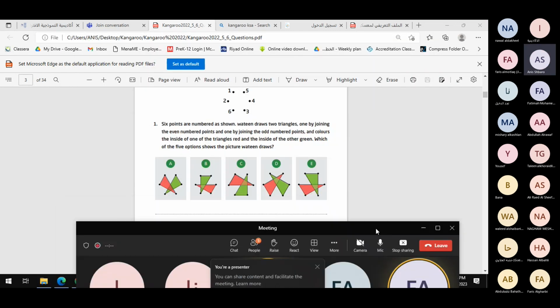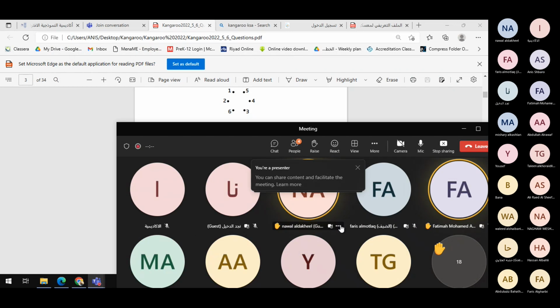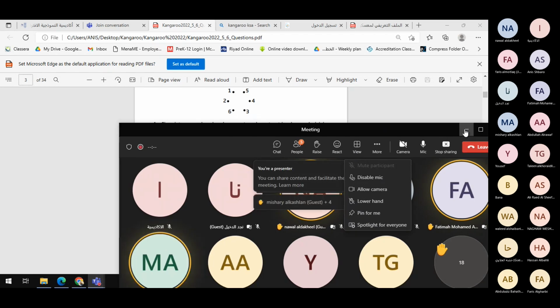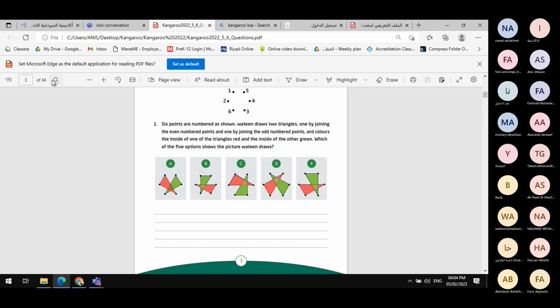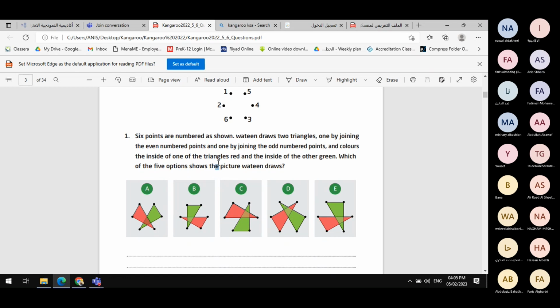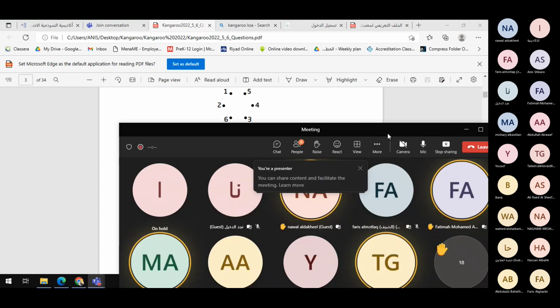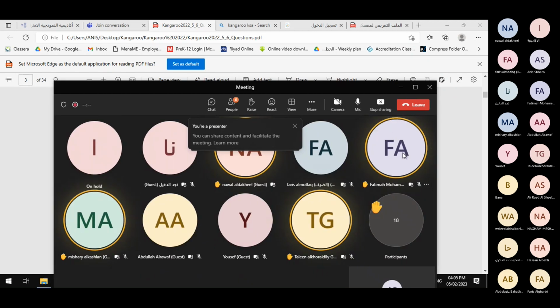Can you please read for us question number one? You cannot see, I can zoom for you. Teacher, can I read? Yes, Fatima.